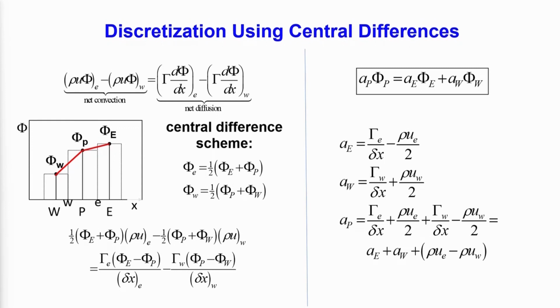So, in that case the right hand side is just a difference expression, because if it is linear, d phi dx is phi P minus phi W divided by x P minus x W, that is delta x w. In that way you can write the right hand side, and although it is a linear interpolation, in terms of finite difference it is what we call a central difference scheme.